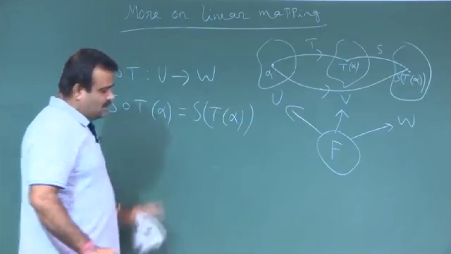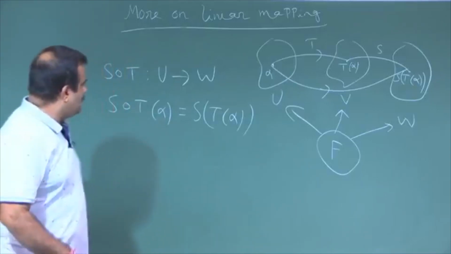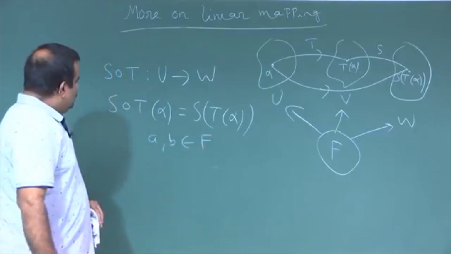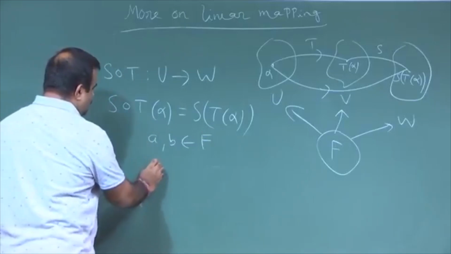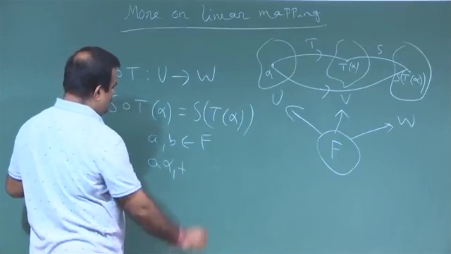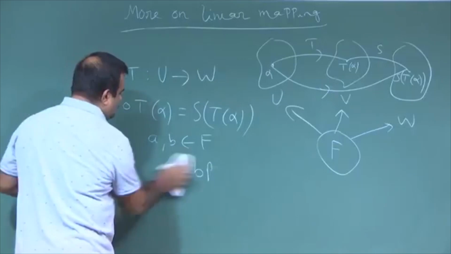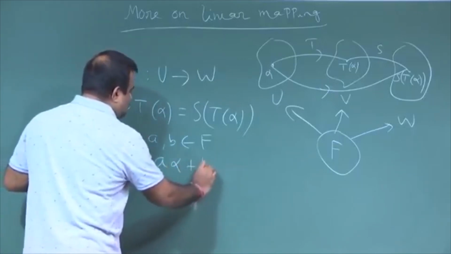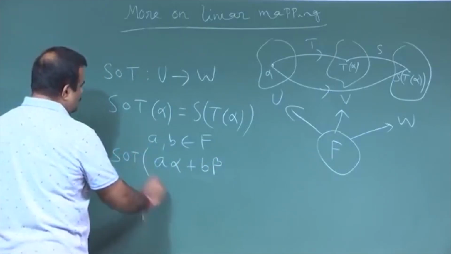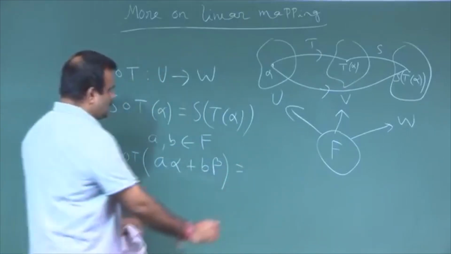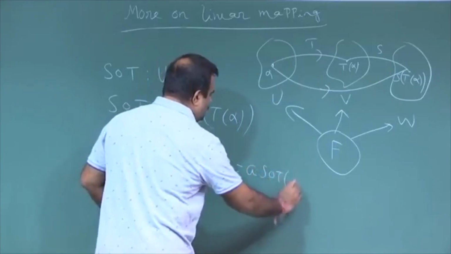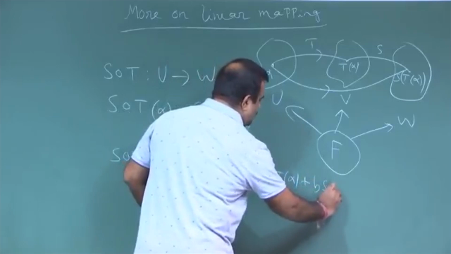For that, we need to take A, B from the scalars and verify that S compose T on A alpha plus B beta can be written as A times S compose T alpha plus B times S compose T beta.